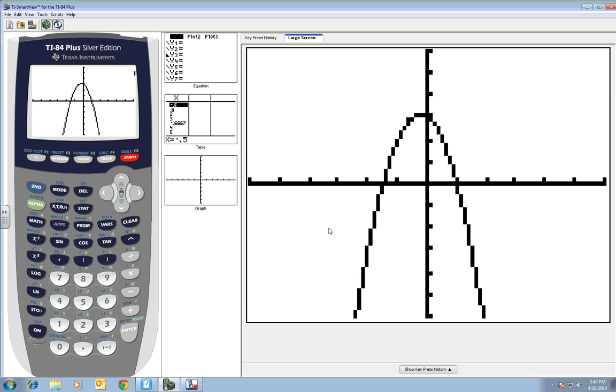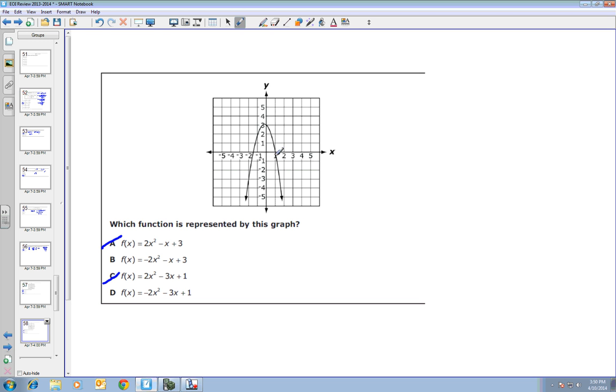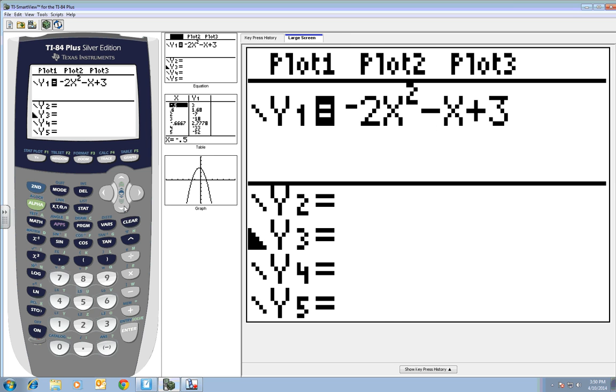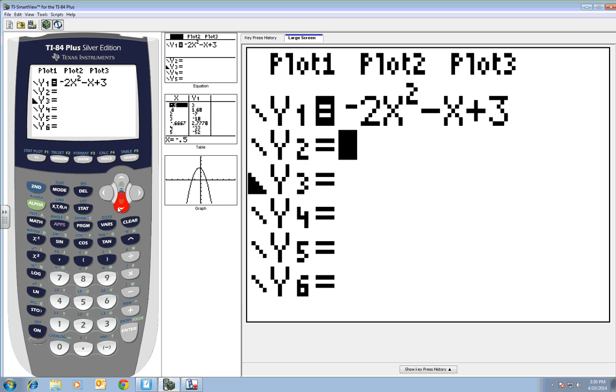Well, let's see. It looks like my y-intercept is 3. It crosses here at 1 and about negative 1.5. I don't know. So let's look at our picture. It crosses at 1. My y-intercept is 3. So it looks like B matches up. Just to make sure, let's go ahead and graph D. I'm going to graph them both in the same viewing window so I can look at them at the same time.